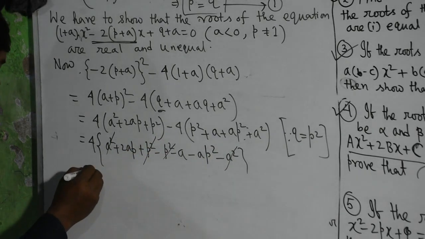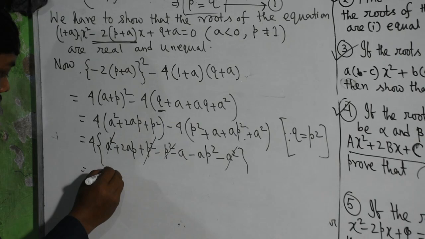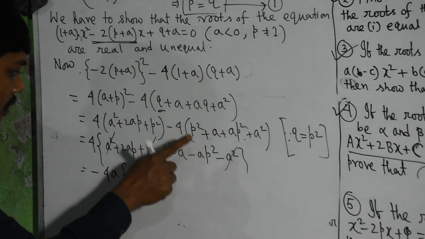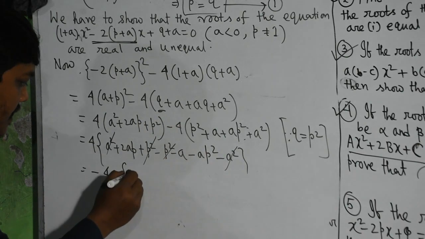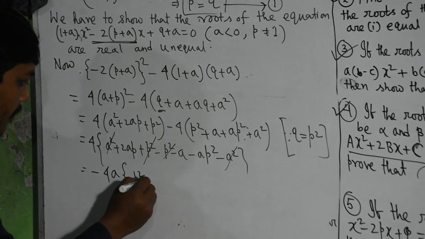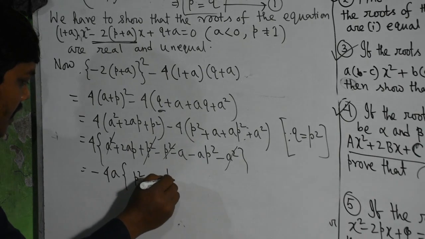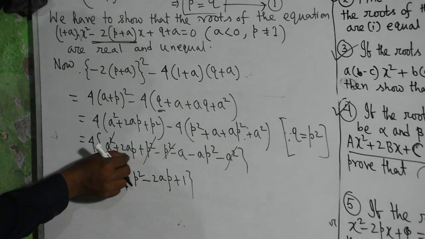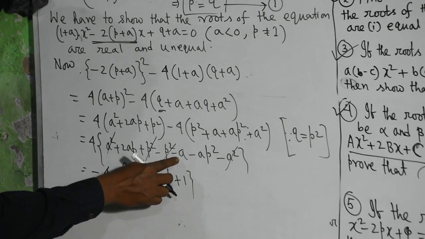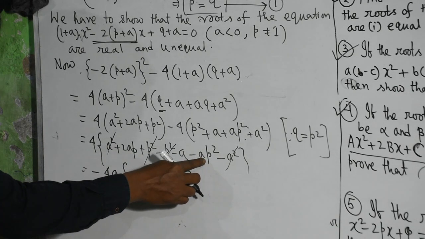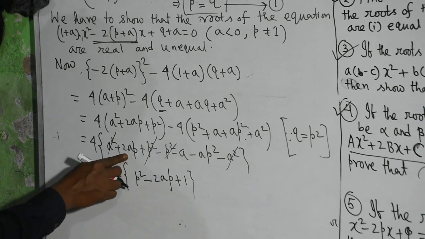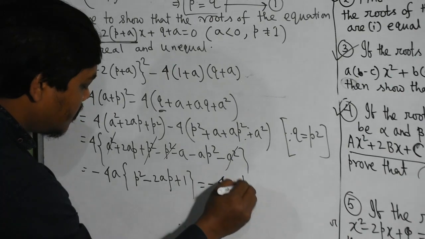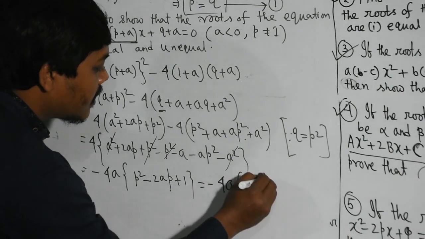If you take minus 4a outside, a is the common part, you will get p square minus 2p plus 1. Okay, so you have taken minus a common, so that gives minus 4a into (p minus 1) whole square.